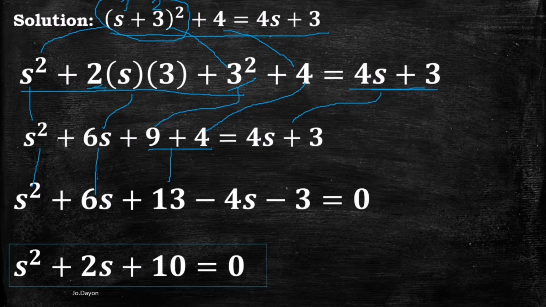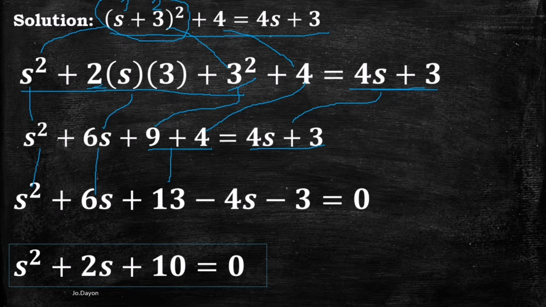Now, we have here 4s plus 3 on the right side of the equation. Remember that our main target is that the right side of the equation will be equated to 0. So what are we going to do in order that the right side will become 0?